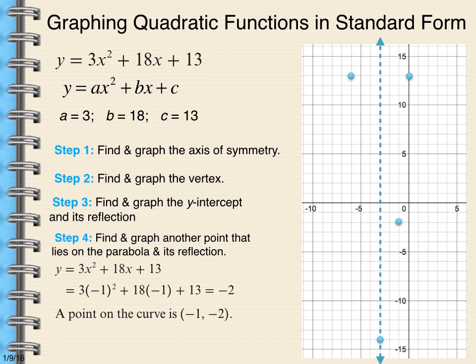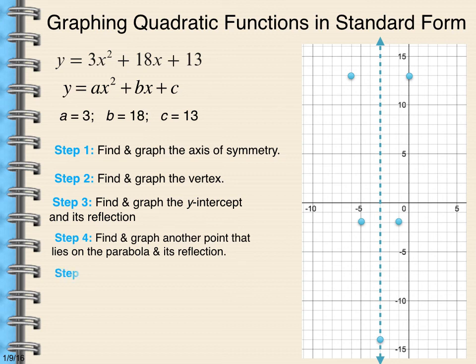So there's our point, negative 1, negative 2. Now we'll find its reflection, and we will now connect these dots to graph the curve.